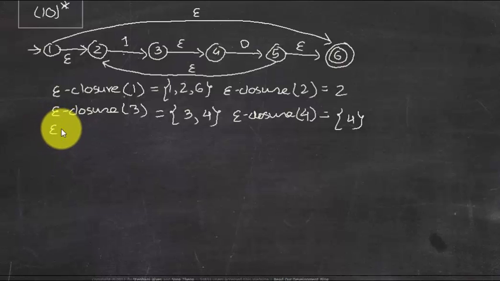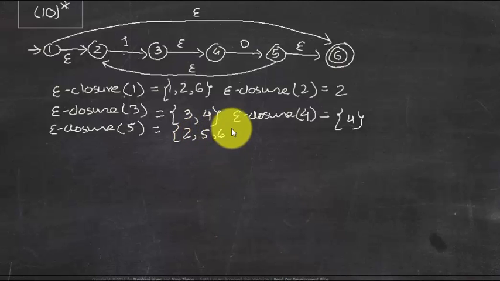And the e-closure of state 5: we go to 6, we go to 2, and then we go to itself. So 5, 6, and 2. Let's write it in order: 2, 5, and 6. And for state 6, it just goes to itself. So 6.